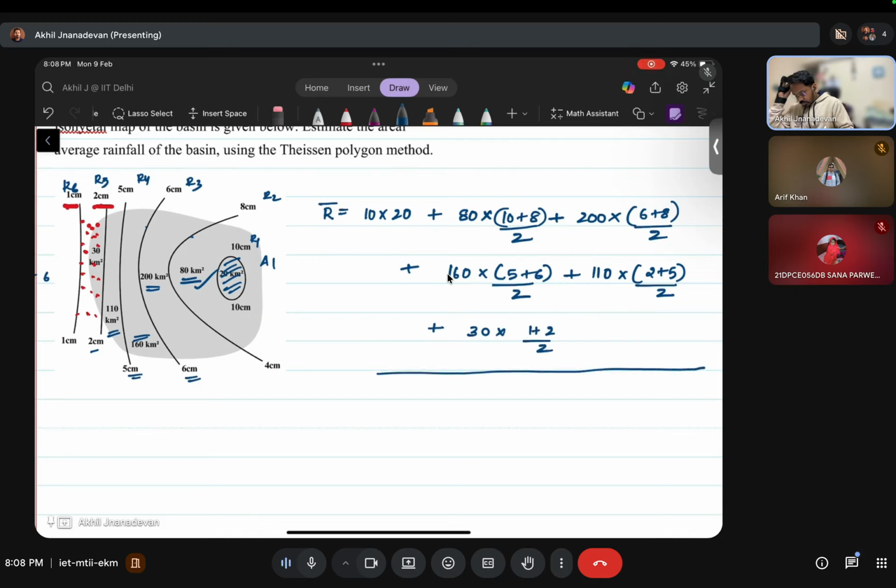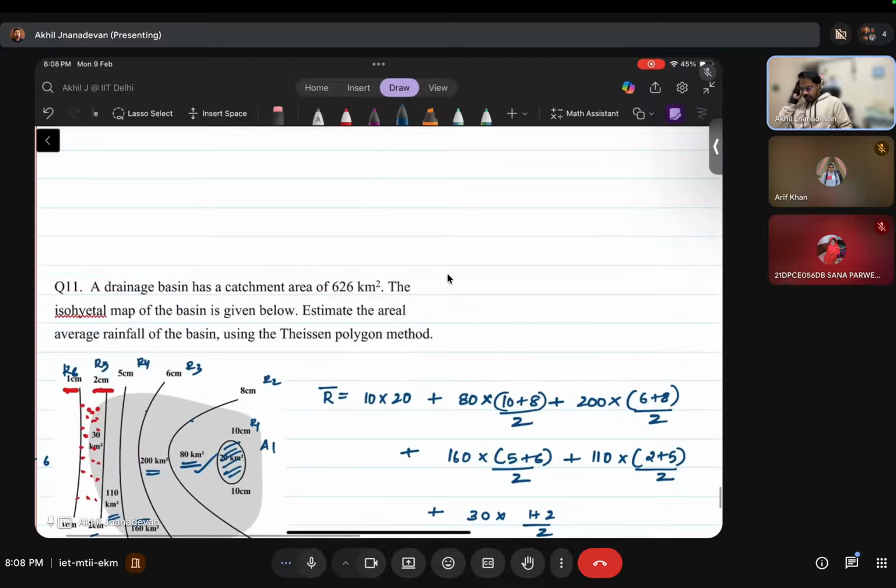So all this is divided by the total area. The total area will be the sum of all the areas: 20 plus 80 plus 200 plus 160 plus 110 plus 30. Right. So this is nothing but the summation of AiRi divided by the summation of Ai.